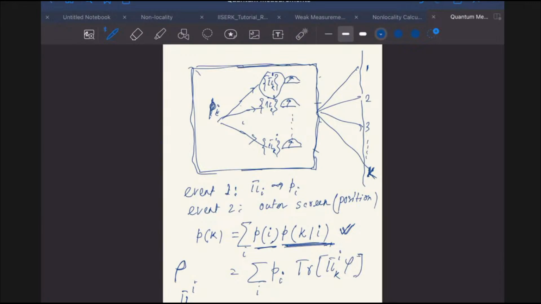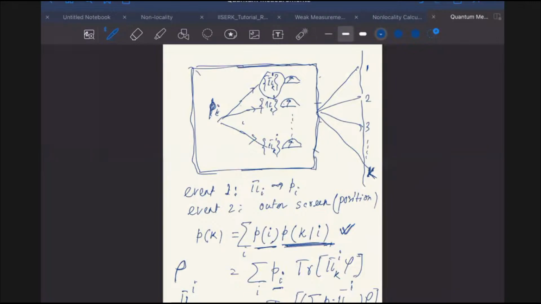Yes. Okay, right. So this is a number. Can I do this operation? Sir, it should be the square of the trace, because we take the mod square of the inner product.